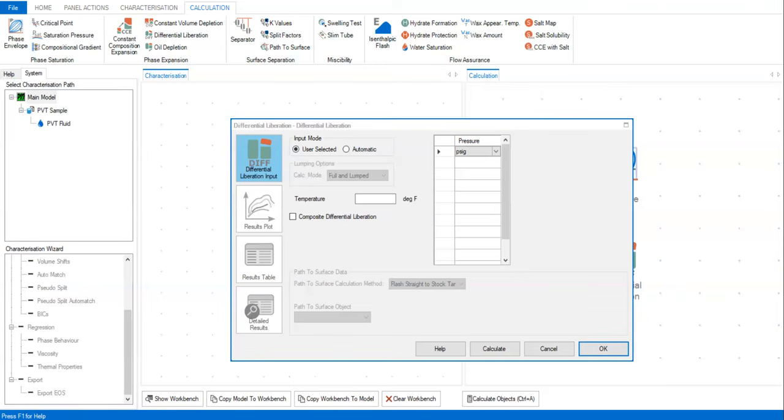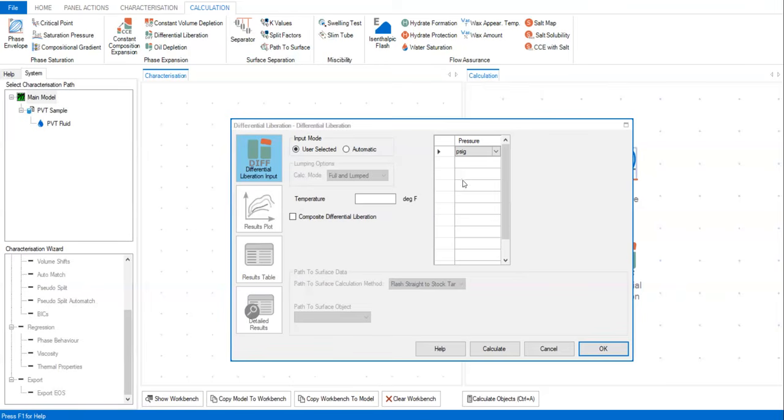And if slightly different temperatures and pressures are specified or whole stages are omitted, then the residual oil volume, and thus the GOR, gas oil ratio, and the oil formation volume factor will be different. Therefore, we need to enter the exact pressure stages that were used during the differential liberation experiment.